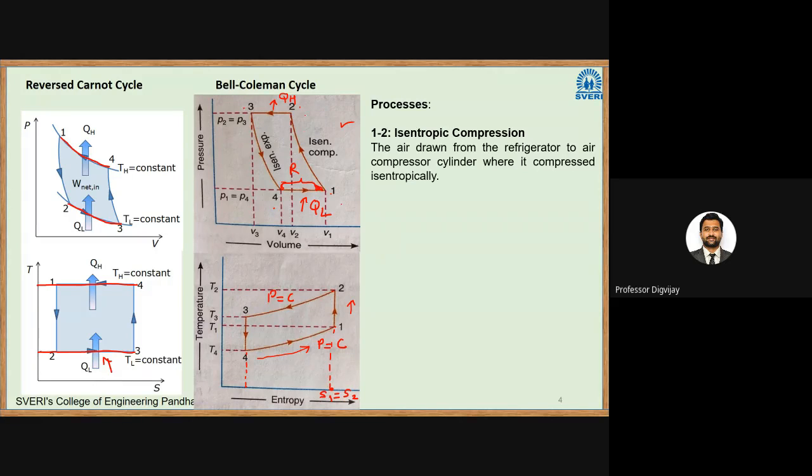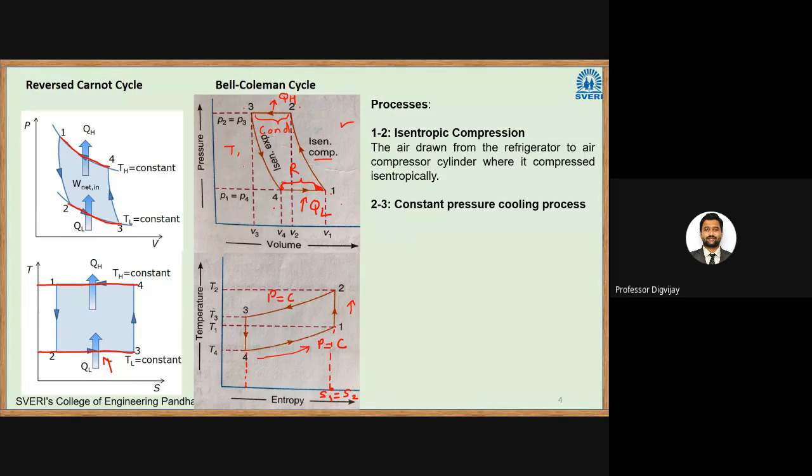This area is related to the compressor. This area is related to the condenser mostly, and this is the expander. An example of an expander is a turbine, or a pressure relief valve. Various instruments are there to reduce the pressure.